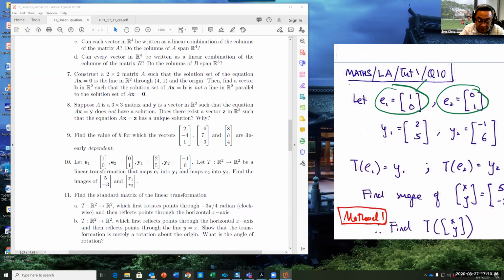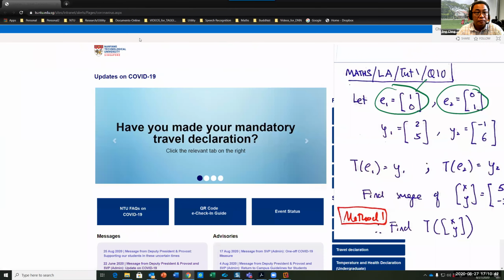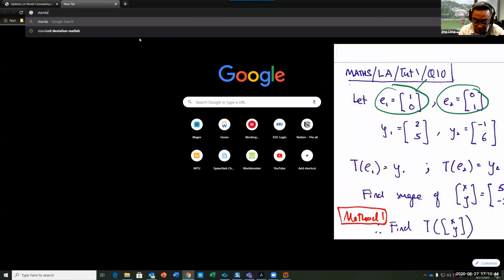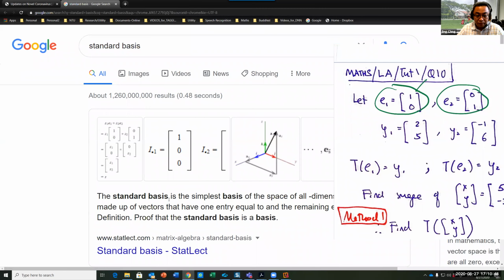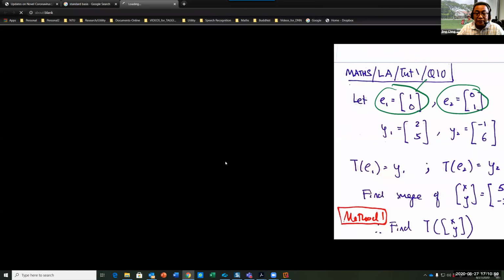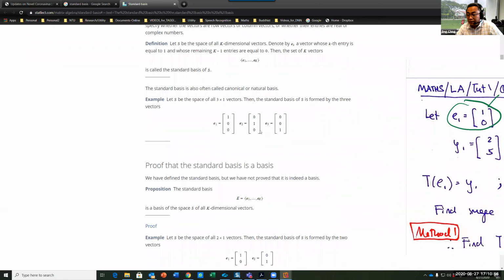Let me pull up Wiki. And we like the standard basis. The standard basis are typically denoted by E. Basically, it has only one element of 1, the rest are 0.